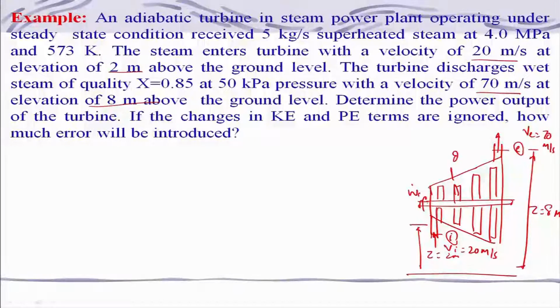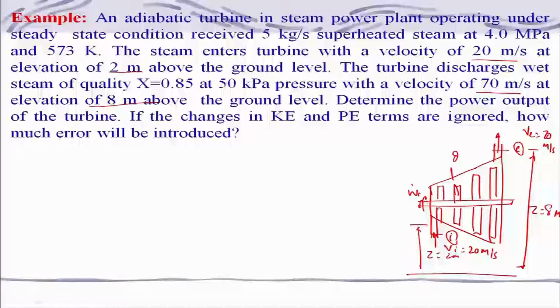See, in our derivation we neglected the change in kinetic energy and change in potential energy. But now the data is given, so we need not neglect it, but we will see what the error will be if we neglect it. That is what is being asked: how much error will be introduced if we neglect this.